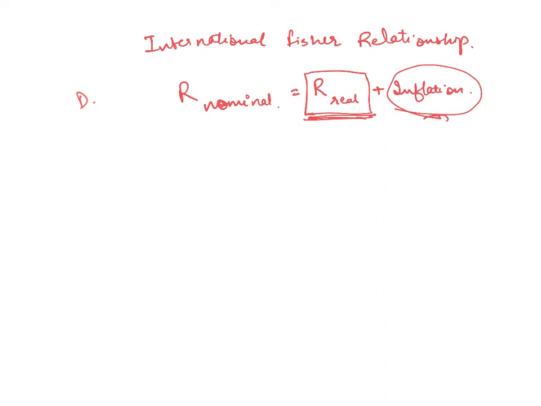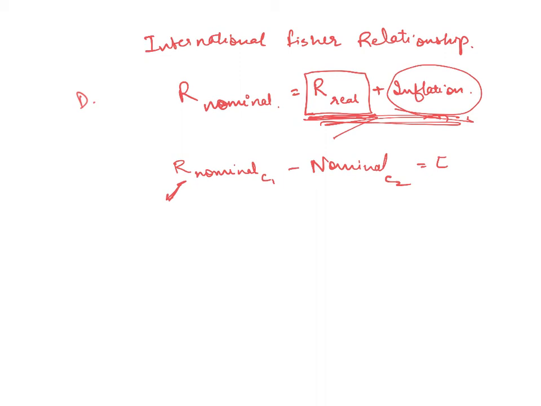So let's say there are two currencies. Rate of return is basically your interest rate. Nominal interest rate in C1 minus nominal interest rate in C2 is equal to, if I take this equation, real would be cancelled by real.